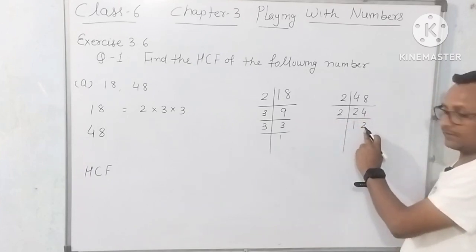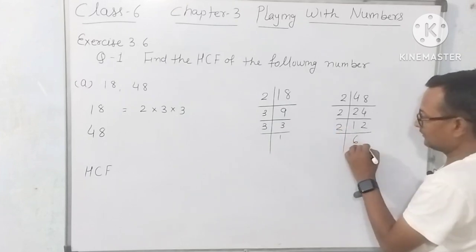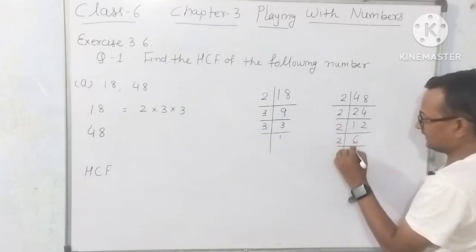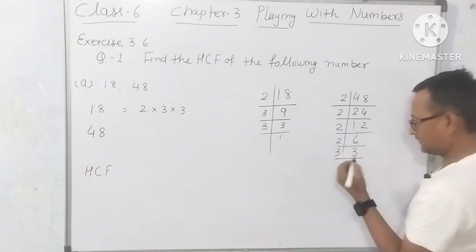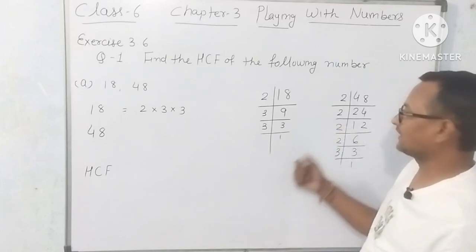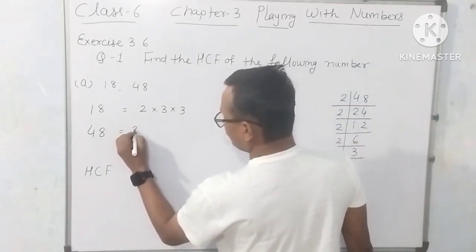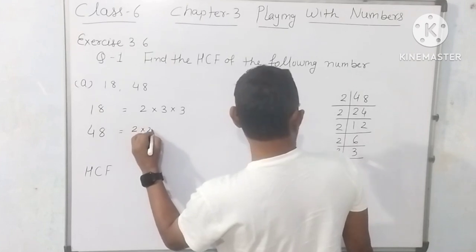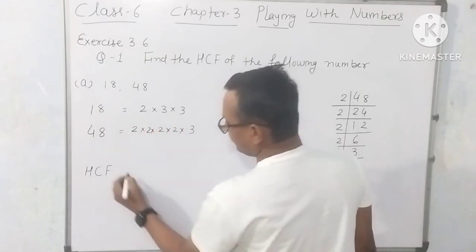Here also an even number, so 2 6s are 12. 6 is an even number, so 2 3s are 6, and 3 is divisible by 3. 3 1s are 3. So the prime factorization of 48 is 2 into 2 into 2 into 2 into 3.